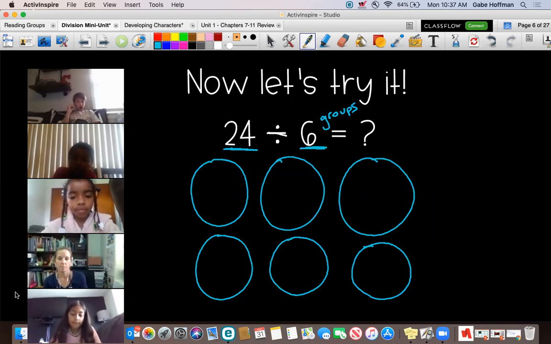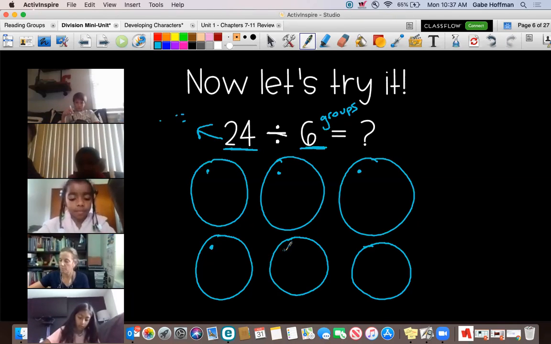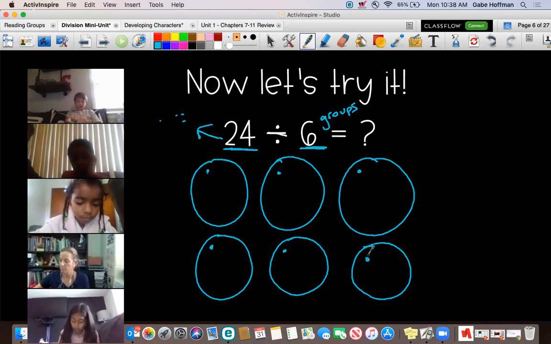We're gonna divide the 24. So this 24, we could draw that out into 24 different dots. I'm not gonna do that right here. But when we do that in the circles, that's when we're dividing evenly. So we give this circle 1, this circle 1, this one, this one, and this one. So that's 1, 2, 3, 4, 5, 6 so far.